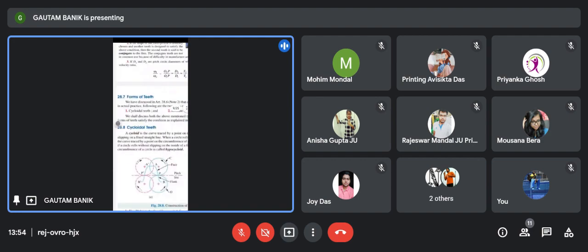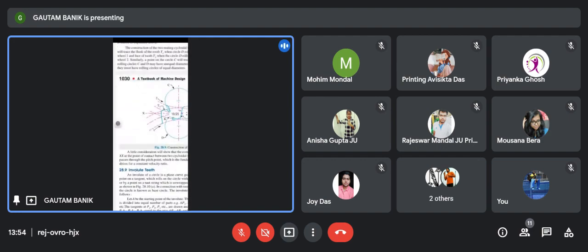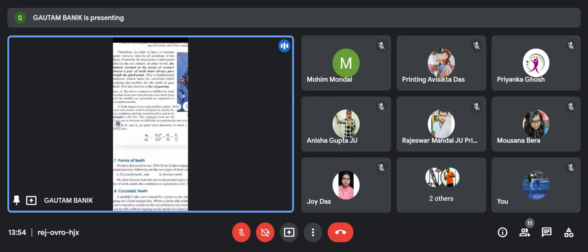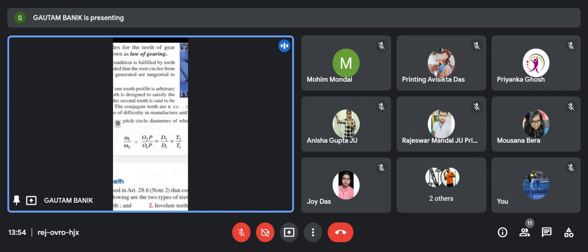So omega 1 by omega 2 is inversely proportional. Omega 1 by omega 2 is equal to O2P by O1P, and that means D2 by D1. You have already got the relation D2 by D1 is equal to T2 by T1.